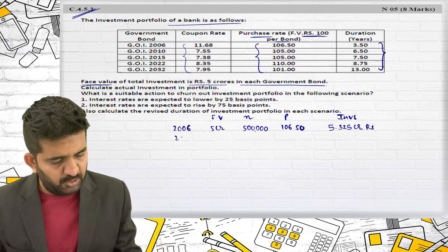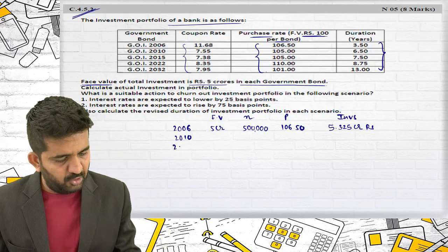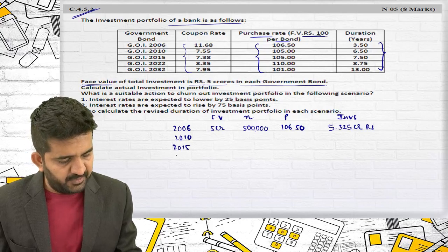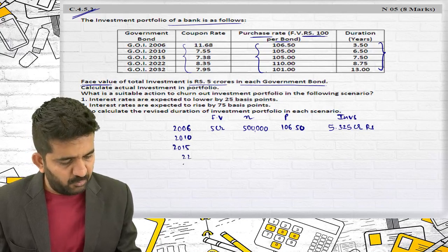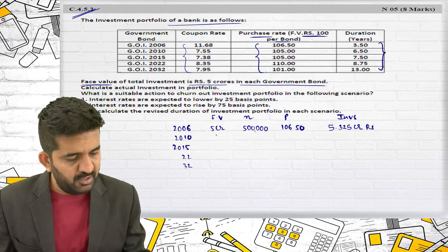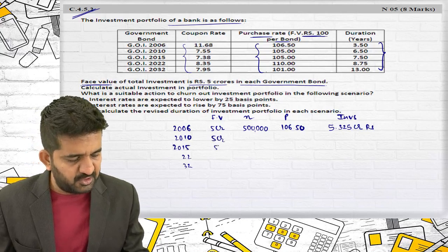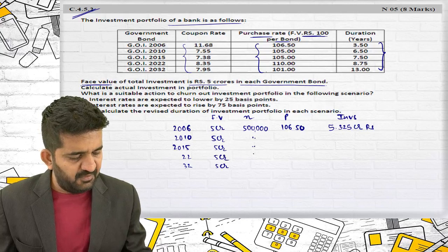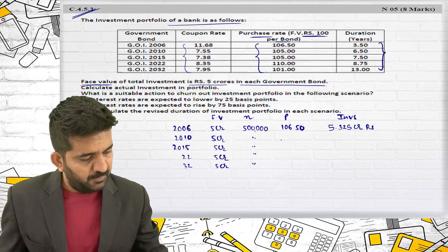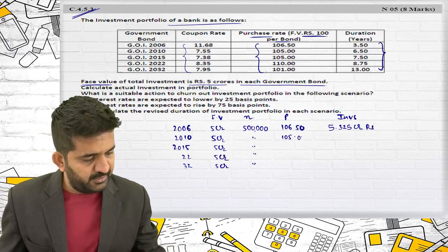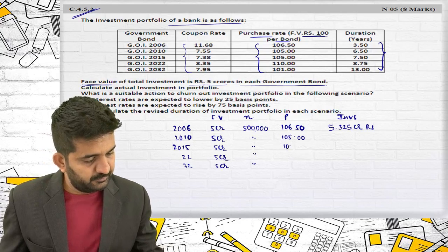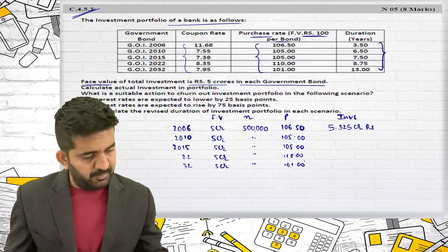Similarly, for the 2010 Government of India bond, 2015 bond, 22 bond and 32 bond, the face value I am holding is 5 crore each. So N will be 5 lakhs each. The purchase prices are different.